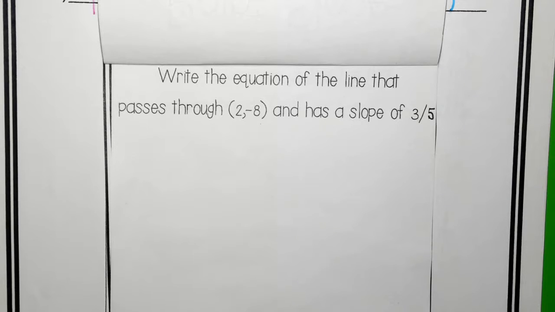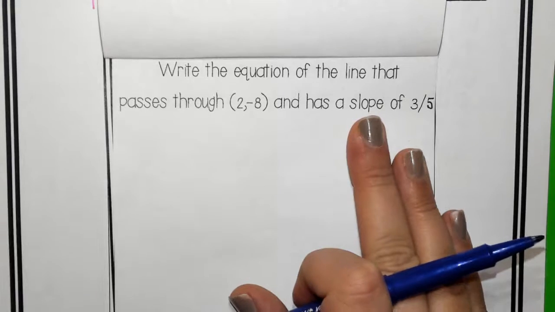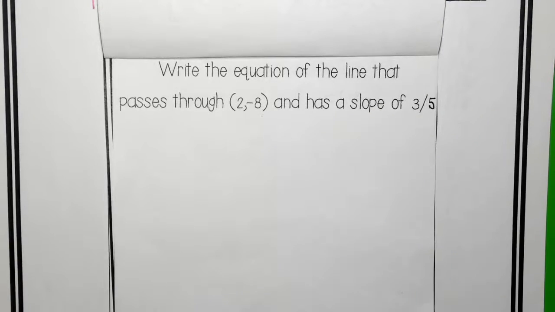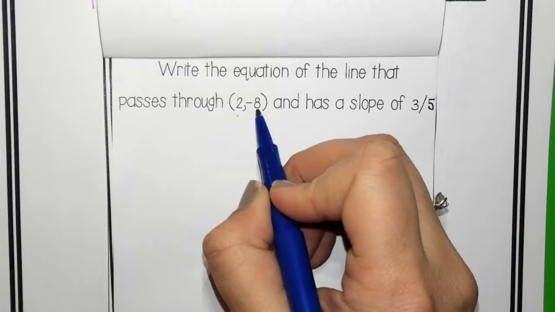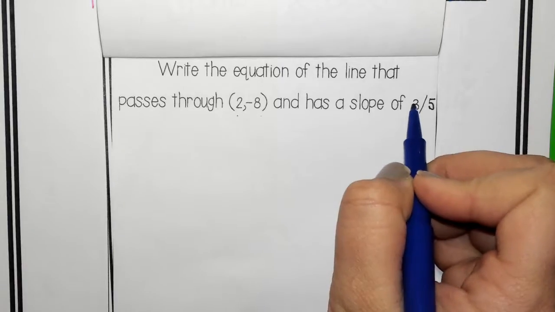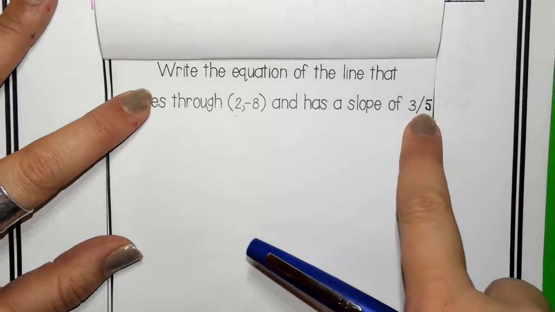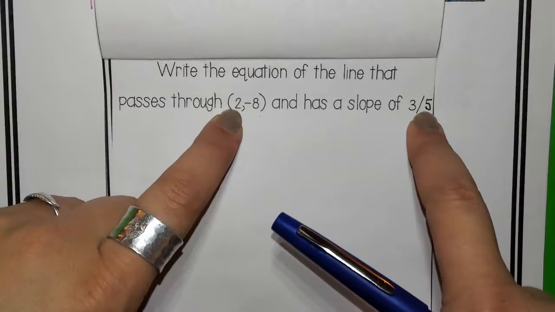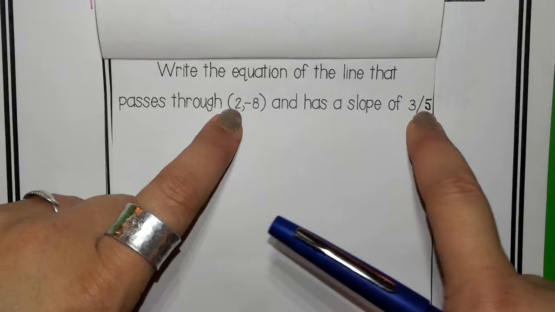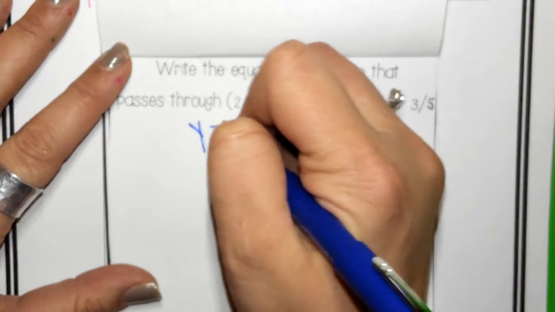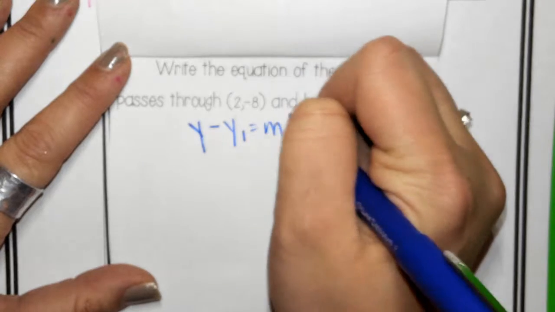All right, it says, write the equation of the line that passes through (2, -8) and has a slope of 3/5. If we were still doing this in slope-intercept form, we would plug this in for x and this for y, and we would plug this in for m. But luckily we have point-slope form, so we don't have to deal with a fraction that doesn't go into 2. We just take that information and plug it in here.